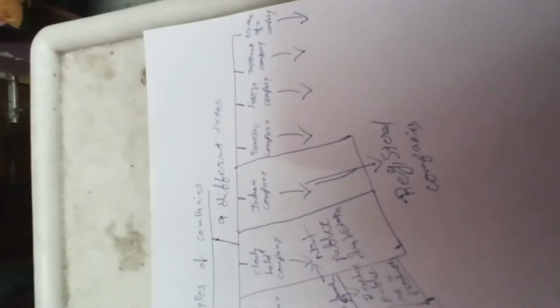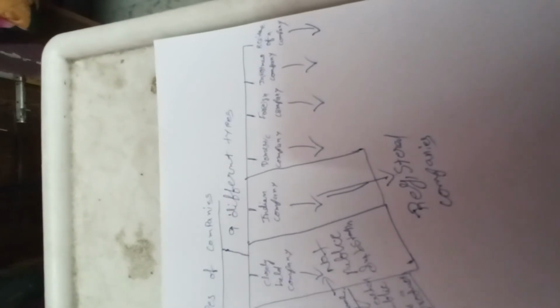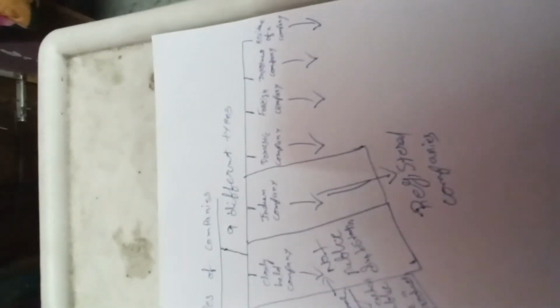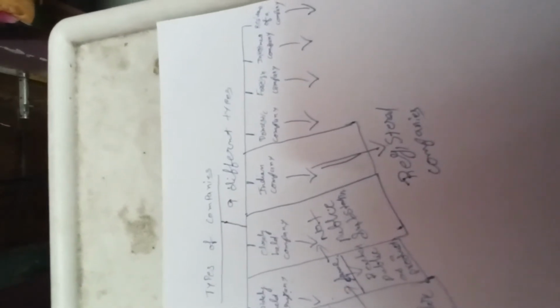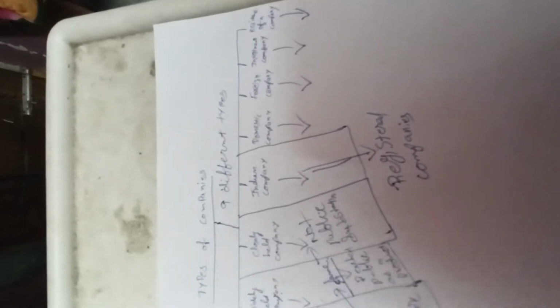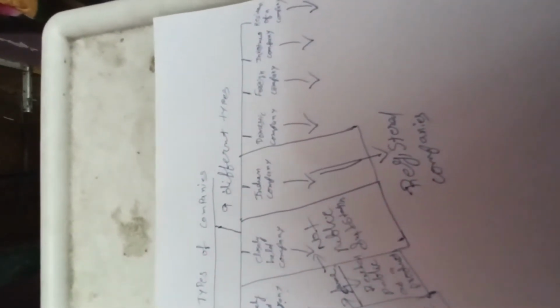So coming to the domestic company, a domestic company is a company which makes the product domestically. For example, they have registered as a company. It can be a partnership firm, a sole proprietorship, or a company as per the Companies Act, but they are making the product for the locals.